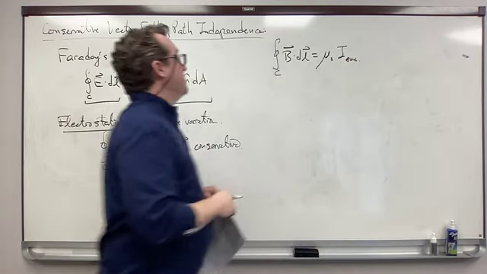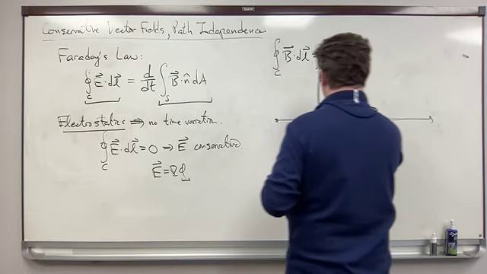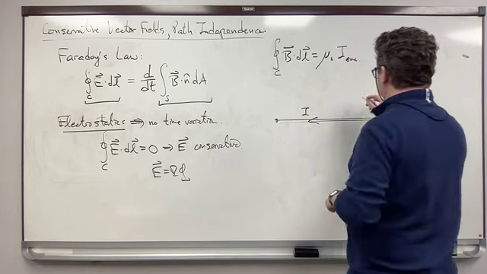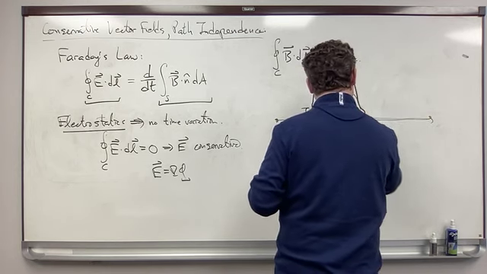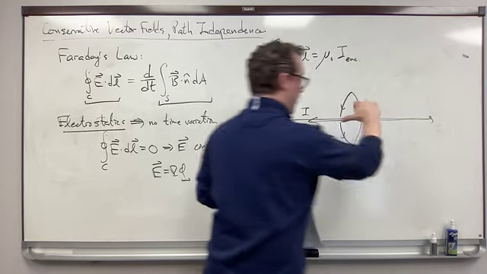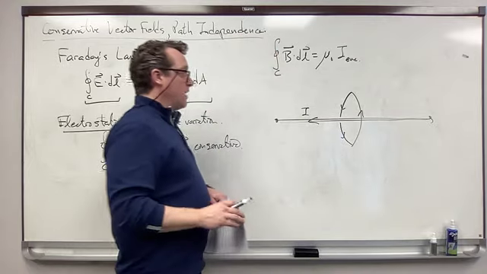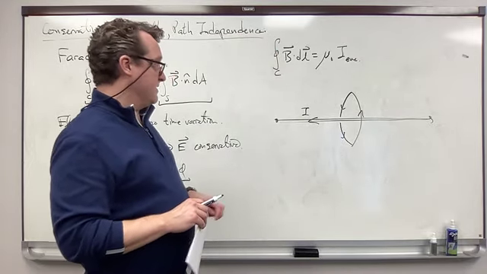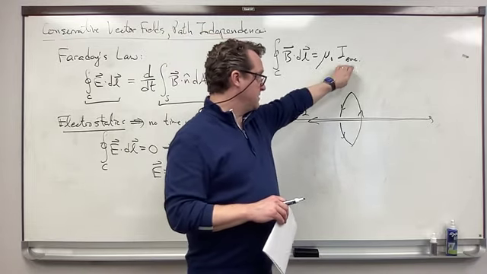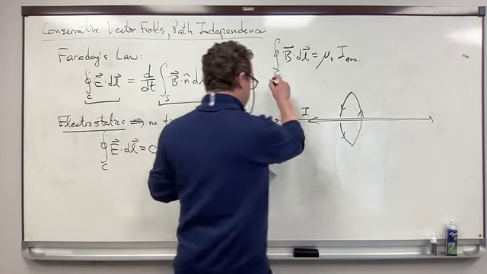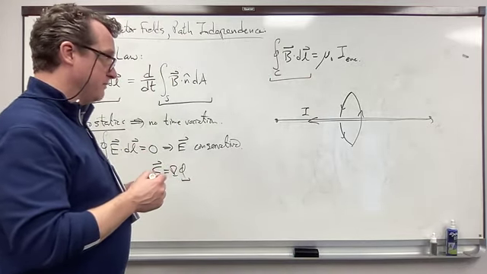The idea here was, if you had a wire or anything carrying current, and you took a loop around that in the direction of your fingers' curl, you would have a magnetic field circulating around this current carrying wire, and the integral of that B over this entire loop was equal to mu naught times the enclosed current. Okay? But again, it was a line integral that was actually being used for Ampere's law.